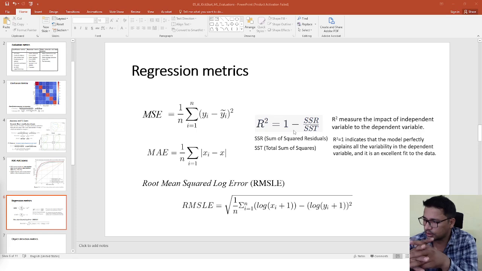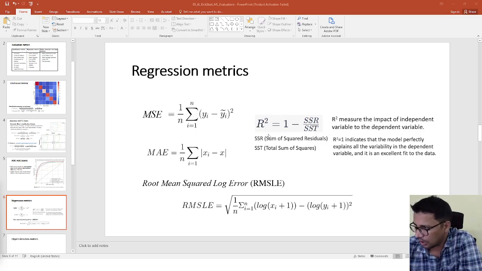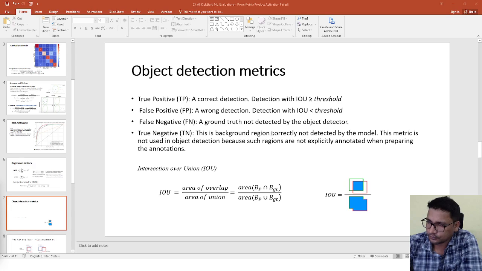You can say that the independent variable and the dependent variable are highly correlated, right? The formula is 1 minus SSR, the sum of squared residuals, divided by SST, the total sum of squares. This is the R square measure.